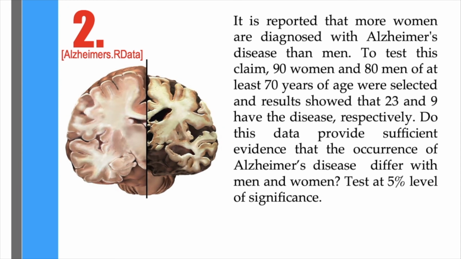So in this problem, we have two groups of patients, a group of women and a group of men. And it is said that 23 out of 90 women, while 9 out of 80 men have Alzheimer's disease. So that gives us p hat sub 1, which represents the proportion of women, which is 23 over 90, and p hat sub 2, which is the proportion of men, which is 9 over 80.